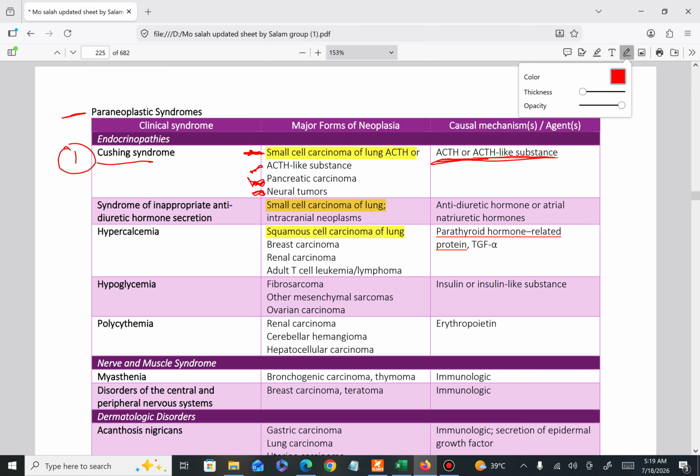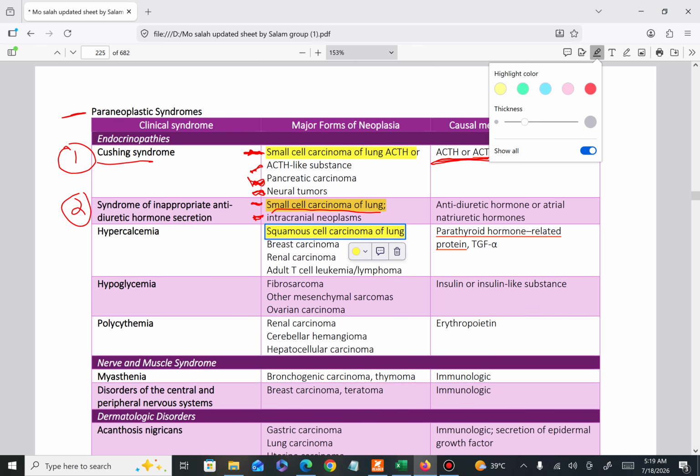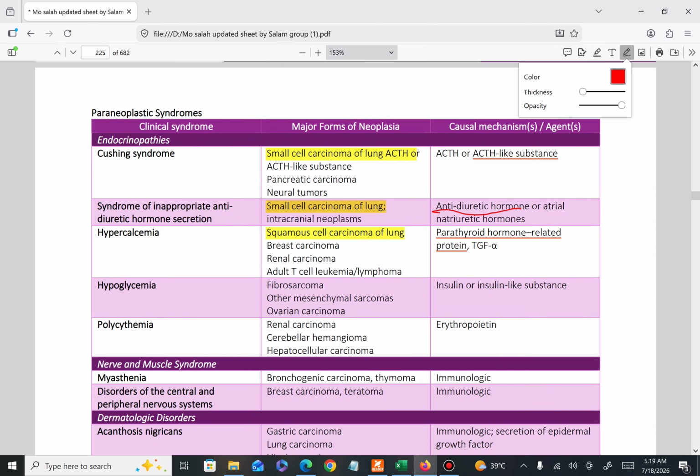So these are the tumors associated with the paraneoplastic syndrome which secrete ACTH or ACTH like substance. Then the second is SIADH, syndrome of inappropriate antidiuretic hormone. The neoplasms associated with this syndrome are small cell carcinoma of lung and intracranial neoplasm, and they secrete antidiuretic hormone or atrial natriuretic peptide.